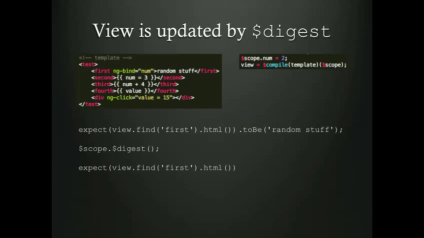Nothing happened at that point. It's just going to be whatever's in the tag. But then if I run a scope digest and do the same thing again, it's not going to be random stuff. It's going to be 2. So when the digest ran, it went through the template, found that binding, ran the watches, any ones that needed to be executed, and updated appropriately.